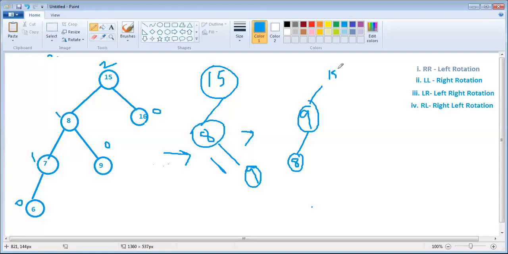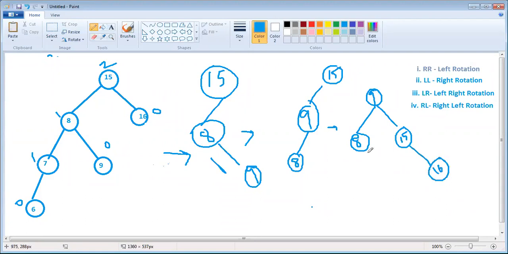So again if I do the rotation, how will it become? 9 will become the root node, 8 the left side and 15 the right side. I have done this only for 15, 8, 9. Others can be the same elements. 16 I am attaching as usual, and then 7 as usual, and then 6.